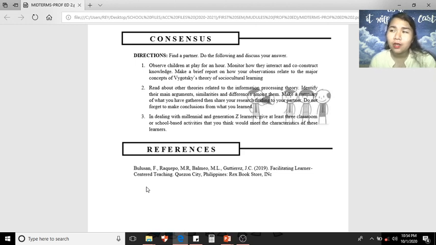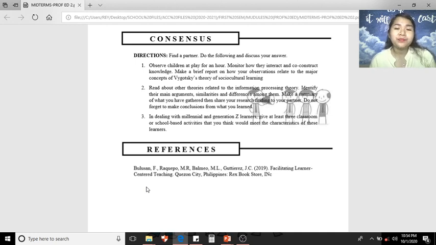Sa computer, nagpapagawa sila ng slogan, then ipapapost sa Facebook, then kung sino yung kailangan, may mga magko-comment, may mag-react regarding the slogan. Diba? So, yun yung mga nag-fit sa mga millennial. Bakit? Kasi we are on social media na. Right? So, you think of other activities except from what is stated. Okay? That will meet the characteristics of the millennials or the Generation Z learners.